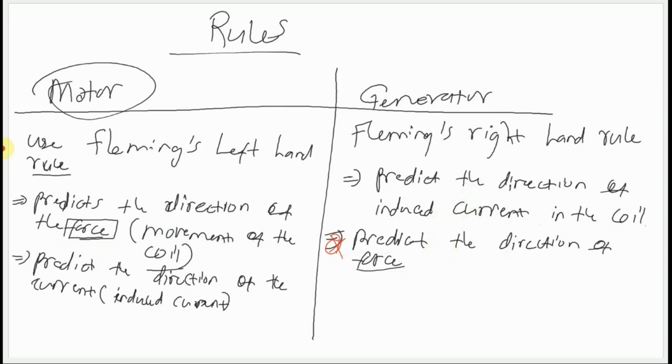So as a result, if we use this specific rule for a specific machine like a motor or a generator, just pay attention to whether you have a motor, and if you have a motor, then it's a left-hand rule, and if you have a generator, then it's a right-hand rule.